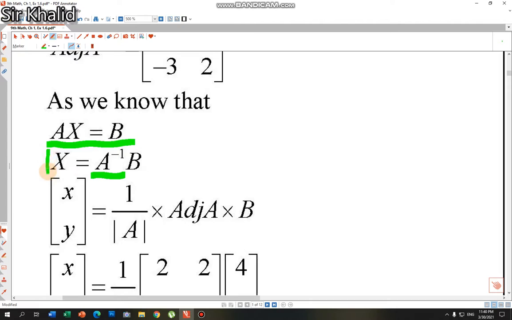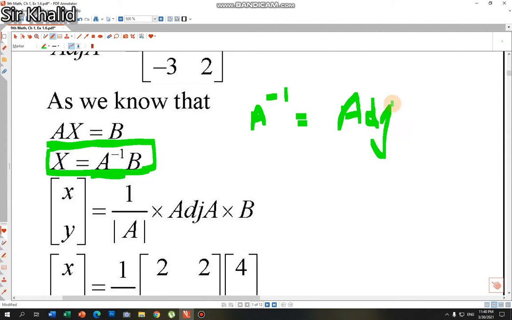So we have to find this equation, X is equal to A inverse B, and the formula for A inverse is equal to adjoint A over mod A. This is the formula for A inverse.